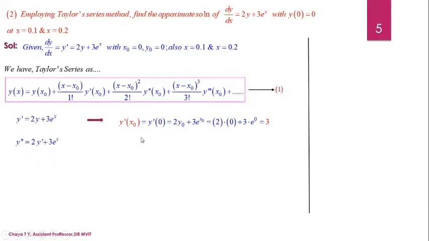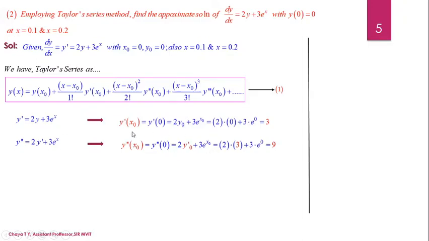Then similarly, find the second order derivative. So I am going to differentiate the previous expression, which will be given as y double dash is equals to 2 into y dash plus 3 into e to the power x. Then if I simplify it, I am going to get y double dash of x naught is equals to y double dash of 0, because x naught is 0.